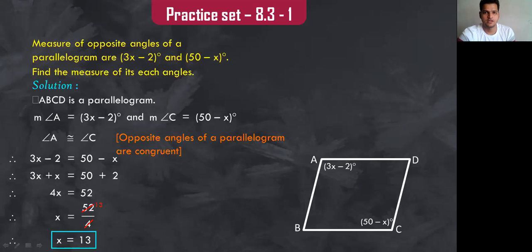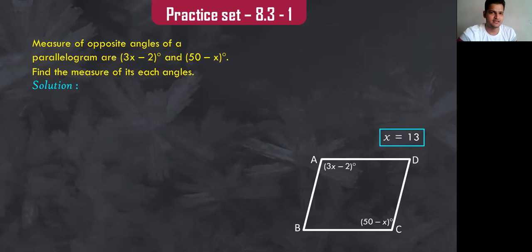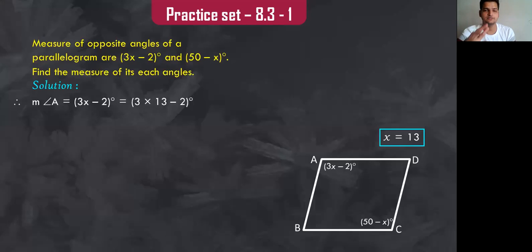Now, let us look for angle A. Angle A was 3x minus 2. Correct. Just now we have found the value of x as 13, so let us substitute x with 13. You will get 3 into 13 minus 2. Now you have two signs over here, one is multiplication, one is subtraction.